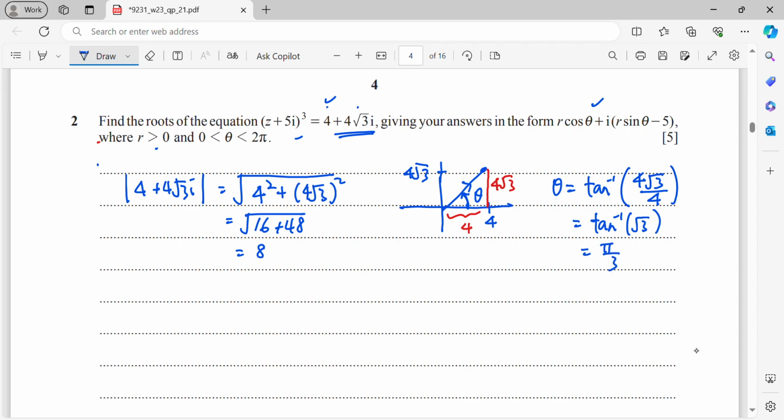Okay, so from here I will write my complex number in the polar form. That is 8 cos pi over 3 plus i sin pi over 3. This is the polar form.